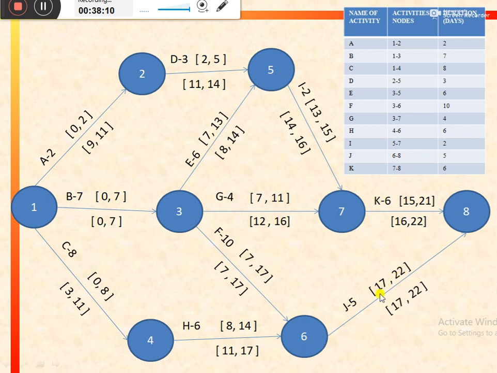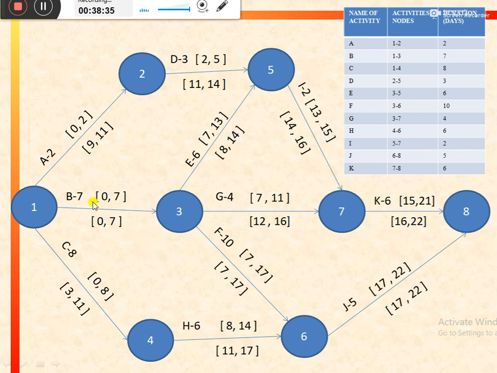So look at this activity on this path. All the values are similar. Earliest start is equal to latest start and earliest finish is equal to latest finish. Similarly, the second activity for this path is activity F. Earliest and latest start times are equal, and earliest finish and latest finish times are also equal.